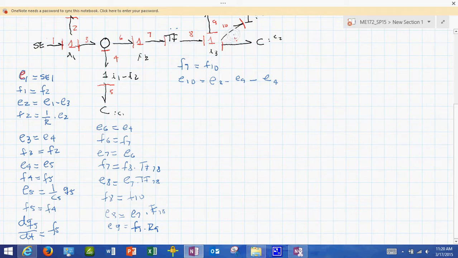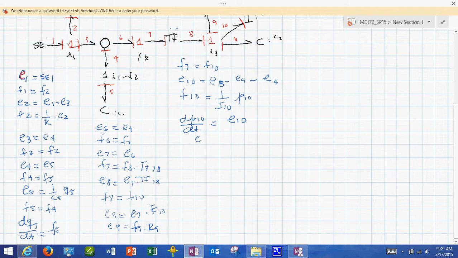What's F sub 10? It is 1 over I sub 10 times P sub 10. That is, dP10/dt is going to be equal to E sub 10.